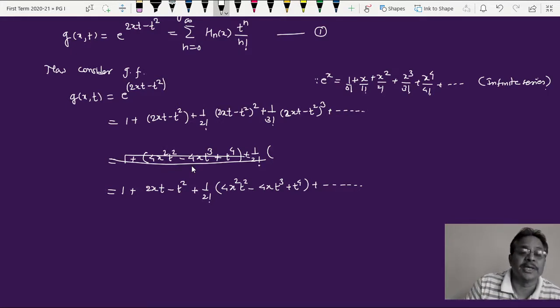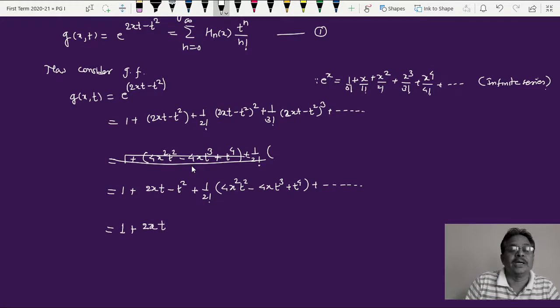So here t raised to 1, t raised to 2, here t raised to 2 and t raised to 3. So this term is to be taken from this second bracket while taking this t square term together. Using this, I'll get another equation: the first term will be 1, then the second term is twice x into this t, divided by 1 factorial. 0 factorial is here, we are not writing that.